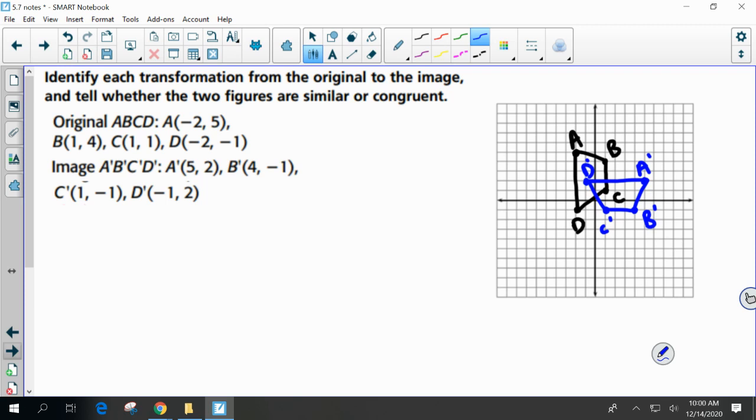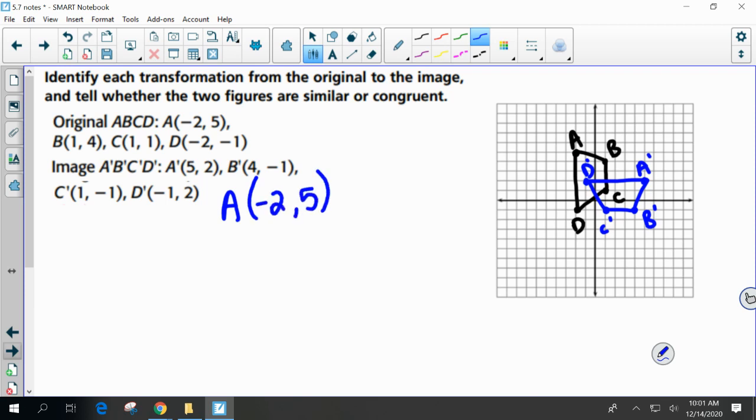90-degree clockwise. Okay, I would agree with 90-degree clockwise just by looking at it. What does your chart tell you that you have to do for 90 clockwise? Multiply each x coordinate by -1 and switch the x and y coordinates.